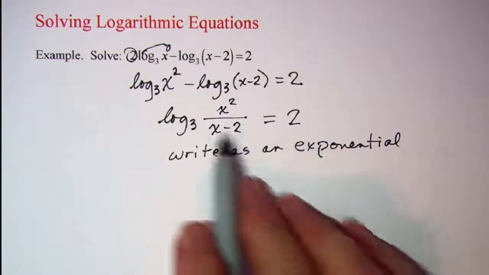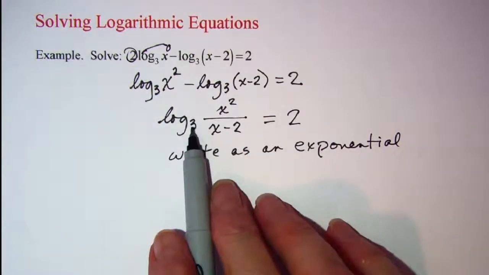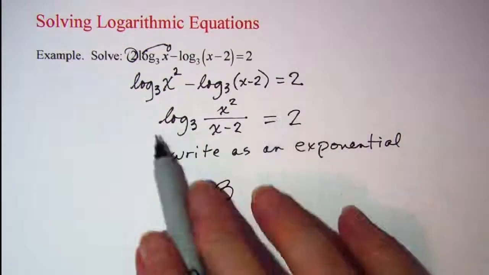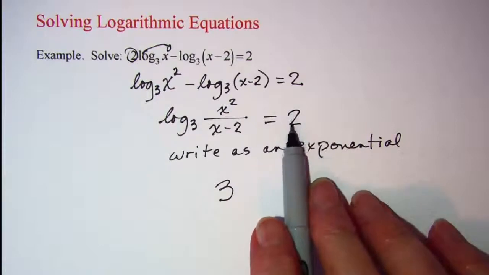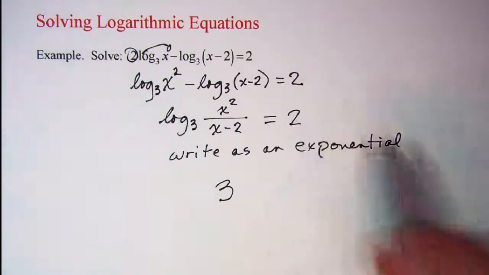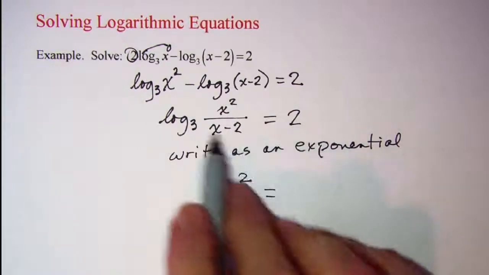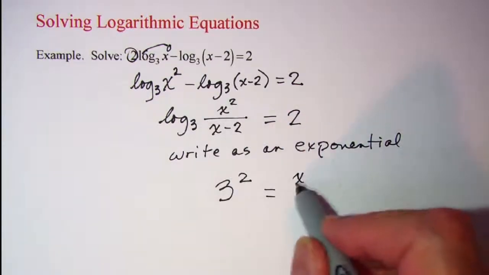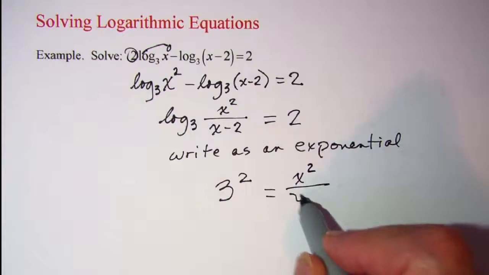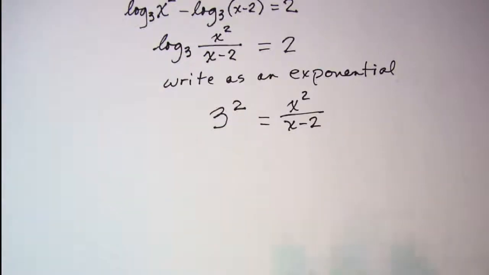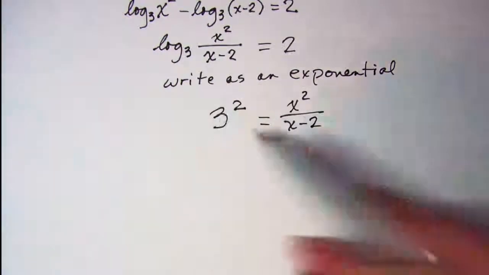And the way we do that is we take the base of the logarithm, that'll be the base of our exponential, and we know that a logarithm is an exponent, so this is my exponent, and that's equal to my argument. Now I'm just going to solve this. 3 squared is 9.